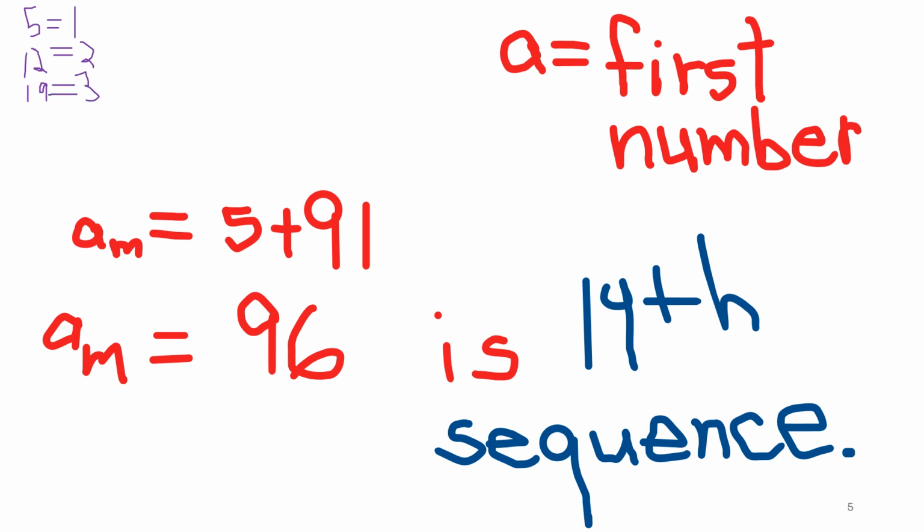But you're trying to find something that's really, really quick to help you. Your original numbers were 5, 12, 19, and over here, $96.